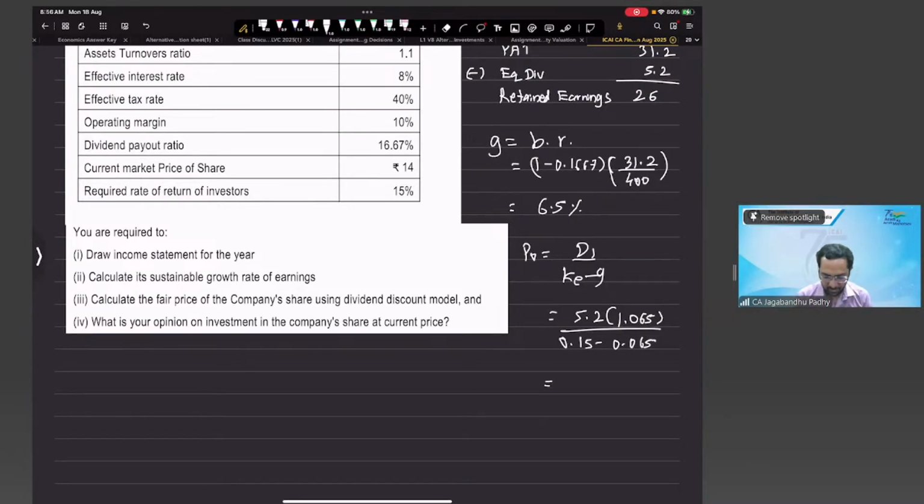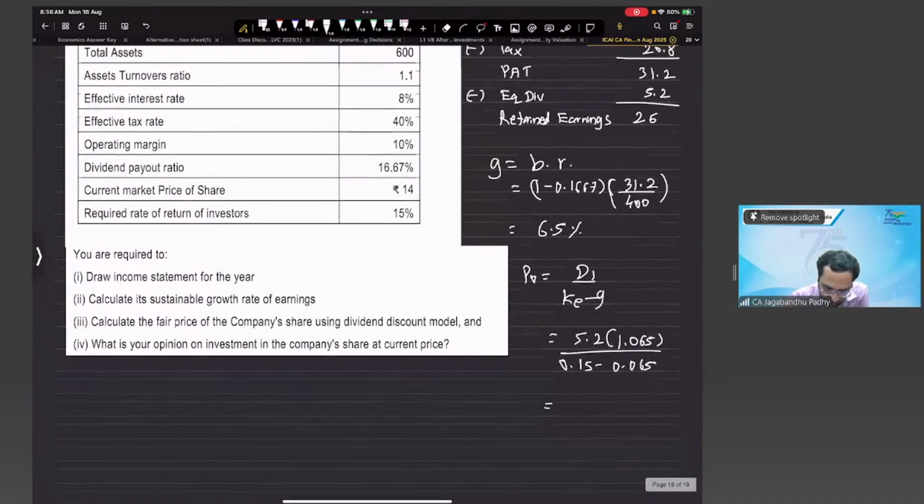What is this price? What is this answer? Price? 65.15. Sorry? 65.15.